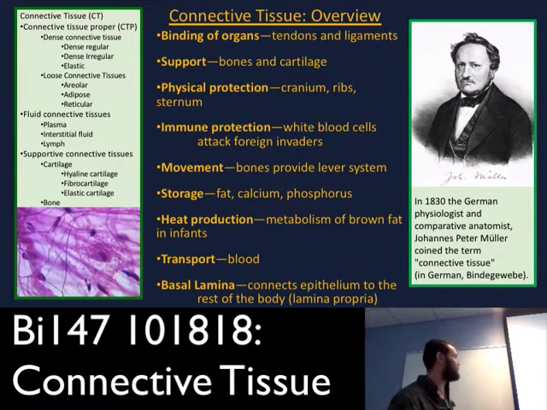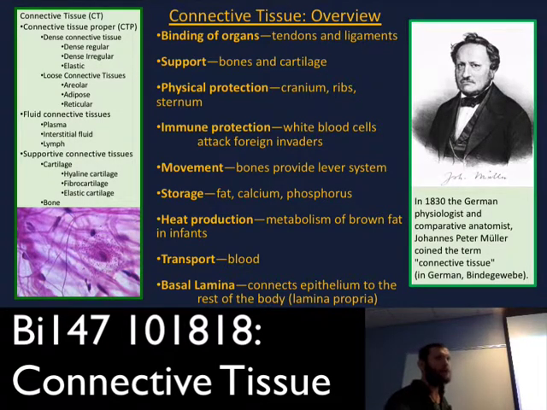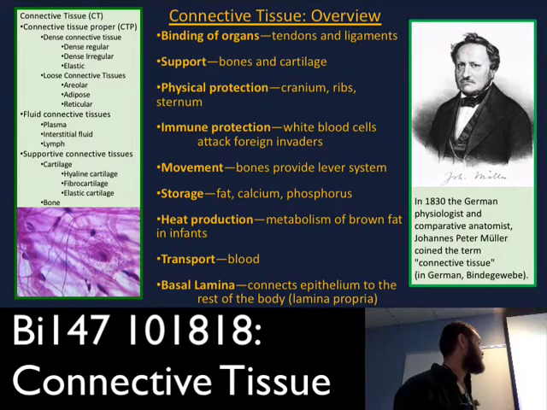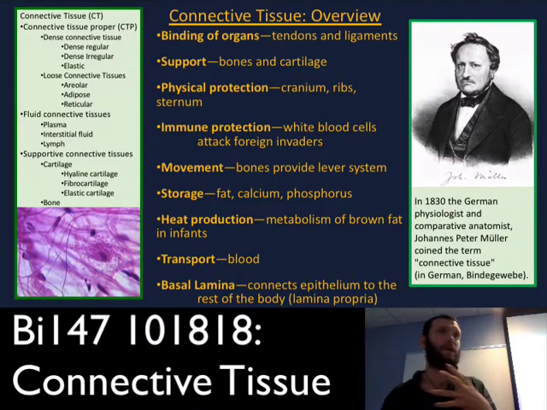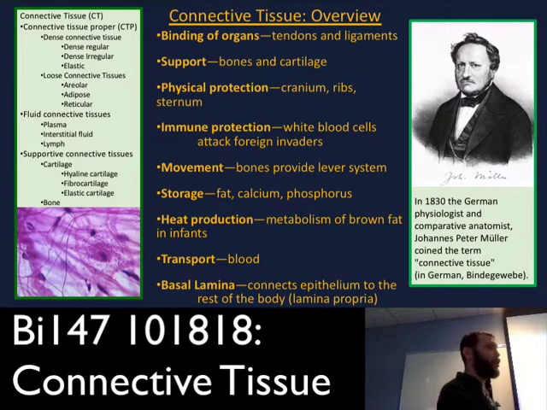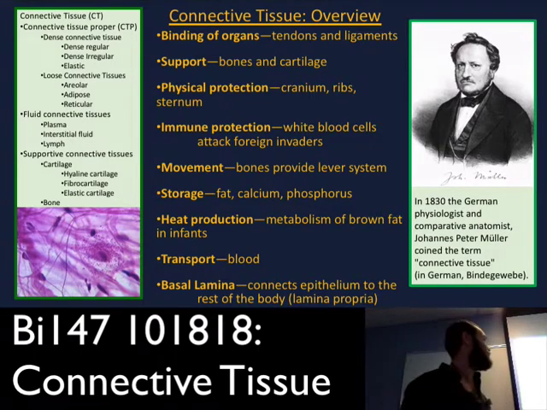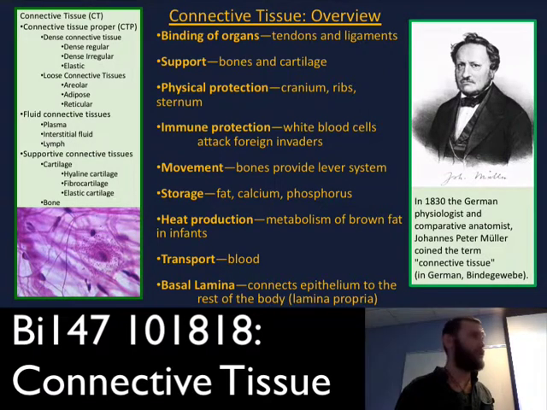What does this stuff do? Well, a lot of things. It can bind your organs together, so tendons hold muscle to bone, ligaments hold bone to bone. They act to support the body, the bones and cartilage do. Physical protection, so cranium, ribs, and sternum.